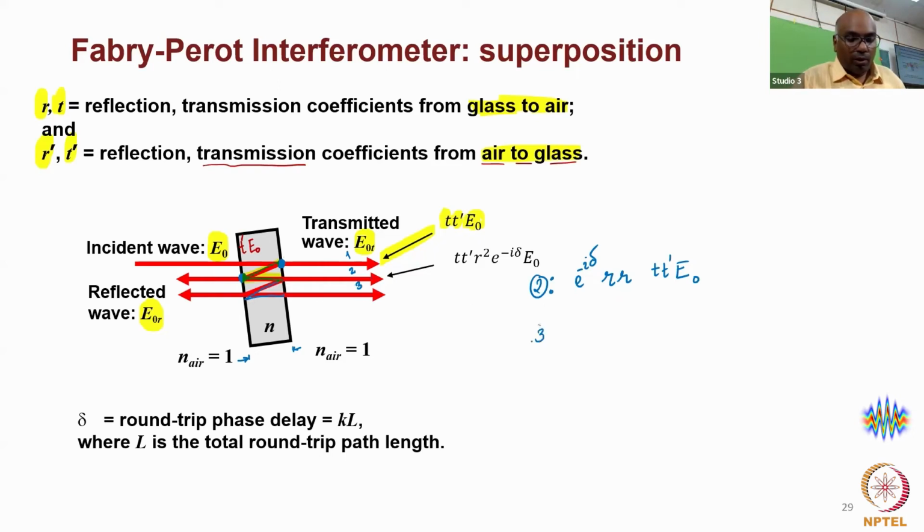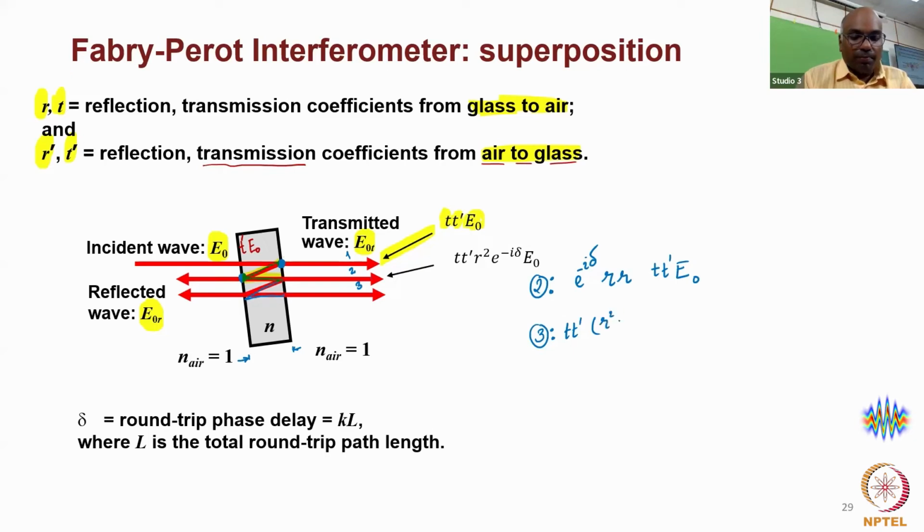So we can now write down, just by inspection, the transmitted amplitude of the third piece of this wave. What is the transmitted amplitude going to be? Everything being the same, there is T T prime, there are two transmissions involved, but the difference between the second piece which did one round trip and the third piece which did two round trips is just the number of round trips.